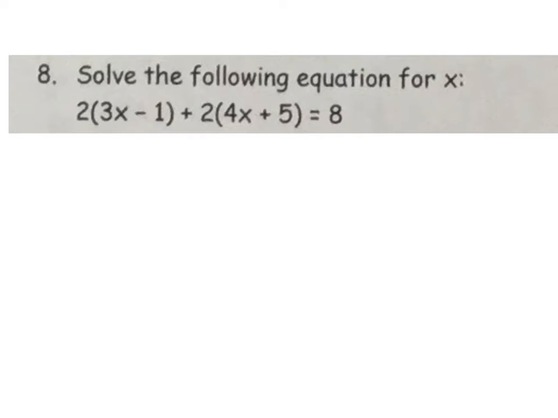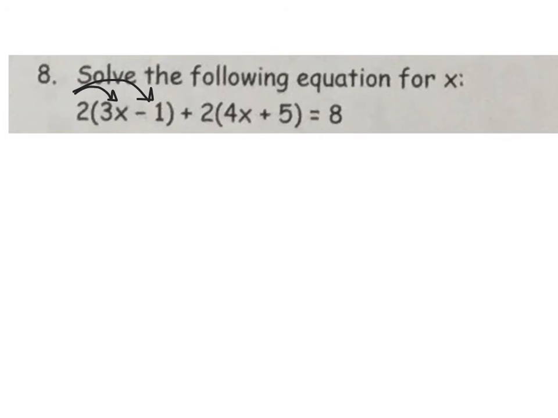Okay, number 8. Solve the following equation for x. So I have 2 times the quantity 3x minus 1, plus 2 times the quantity 4x plus 5, equals 8. So this is going to be a real long thing after I distribute. Let me use the pointer for you: what's going on right here, and then what's going on right there. Let's start working that out. We have to multiply 2 times 3 and also 2 times negative 1.